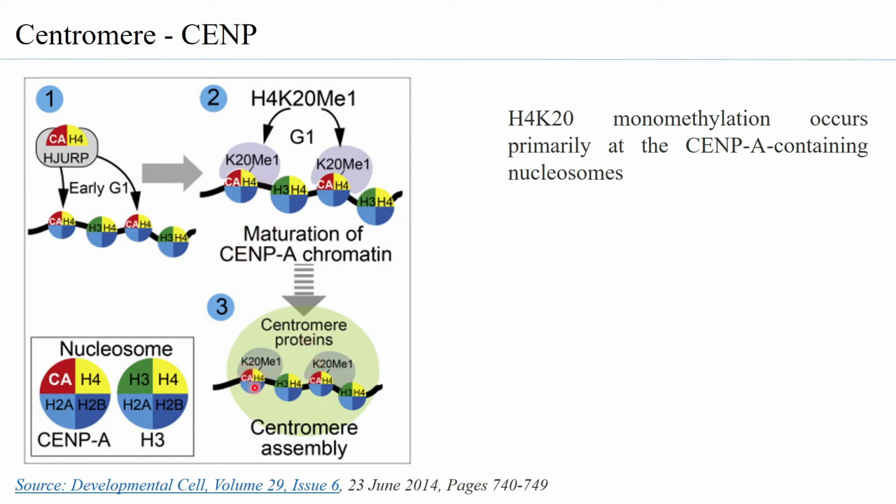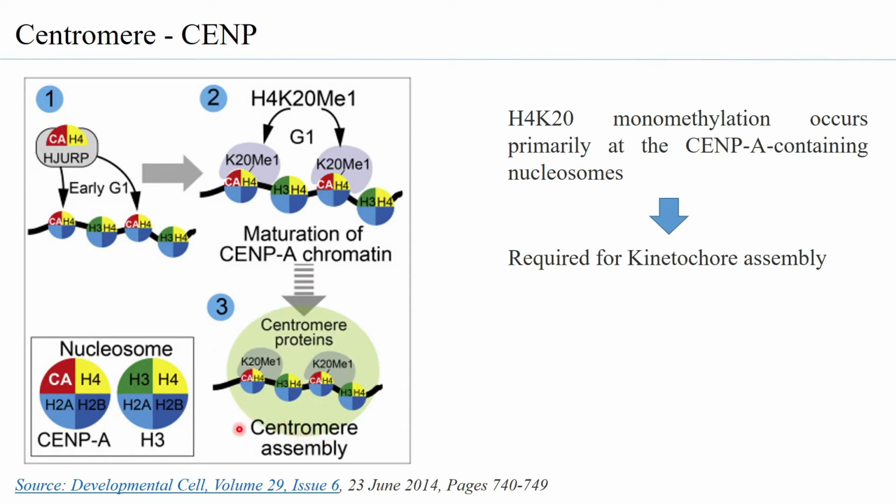And then once you have the H4 methylated at lysine residue 20, it helps to form centromere chromatin. So many other centromere proteins come and bind around this region to form the centromeric assembly, and this is required for the kinetochore assembly.